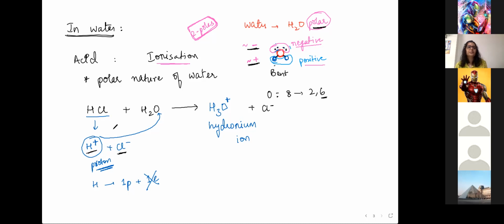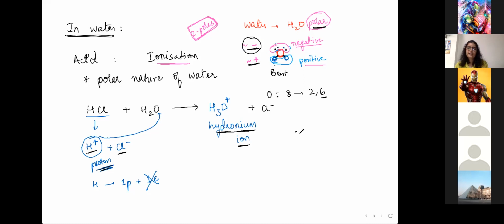Imagine a baby. Can a baby survive on its own? It can't. It needs to take help of its parents or another adult. So the tiny single proton gets attracted to the negative side of water, which is towards the oxygen. That's how it creates this ion called the hydronium ion, H3O plus.